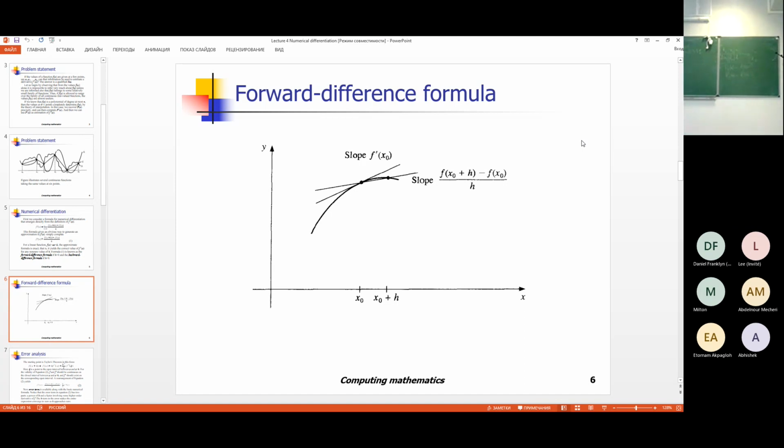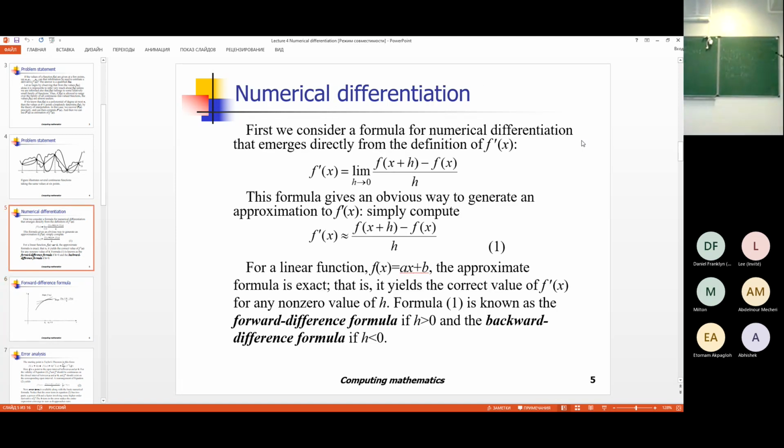And after that, we should substitute these values into the formula. This or this, it doesn't matter. Formula 1: f of x plus h minus f of x over h.